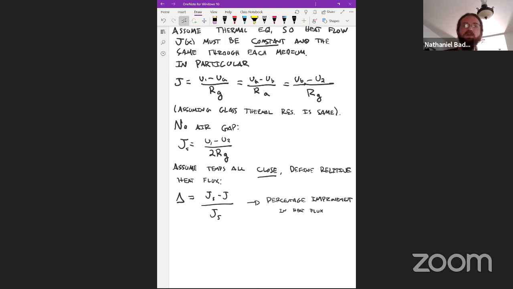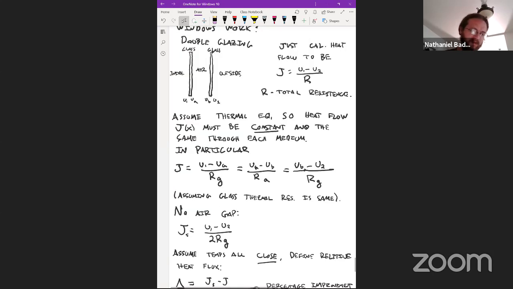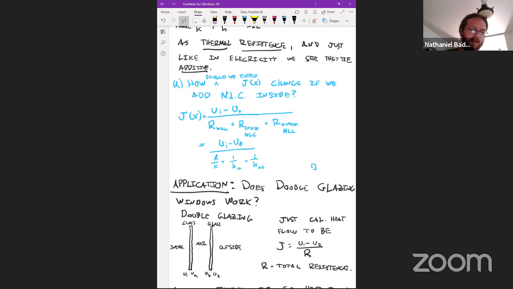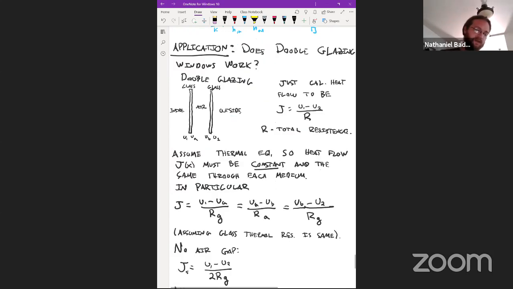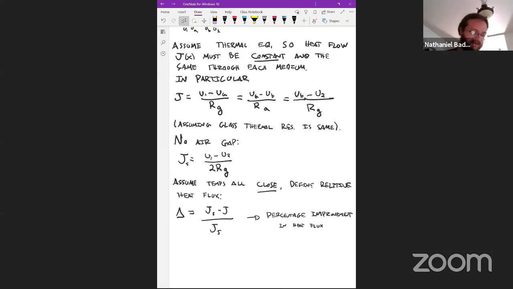Okay, so finally, if we look at this equation that we derived here, we know basically the form that the resistance of the wall is going to be. It's going to be the length of the interface divided by whatever the thermal conductivity is.